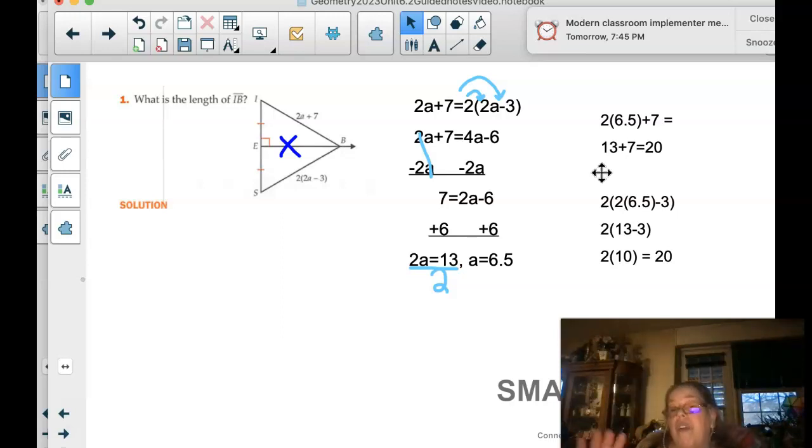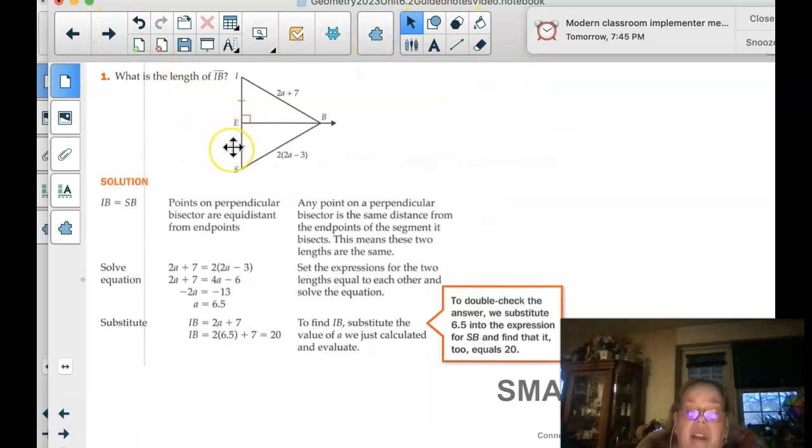And just to prove that it works, I plugged it into the other one as well. 2 times 13 minus 3. 13 minus 3 is 10, and 2 times 10 is 20. So they're exactly the same. Go us! Here it is again, and you notice the same thing, but they didn't do the check. I like to double check.